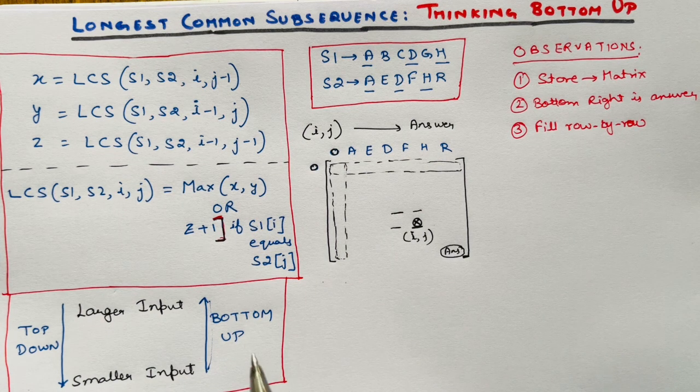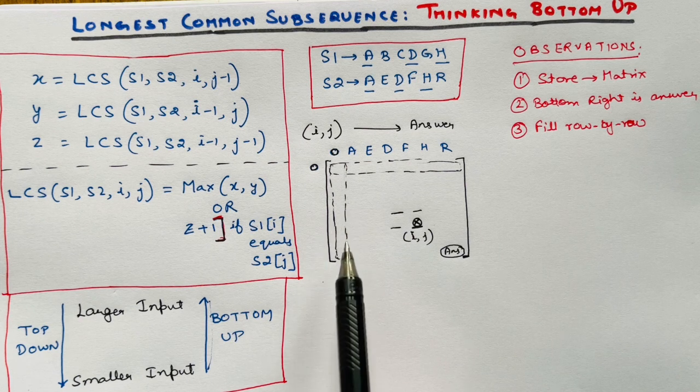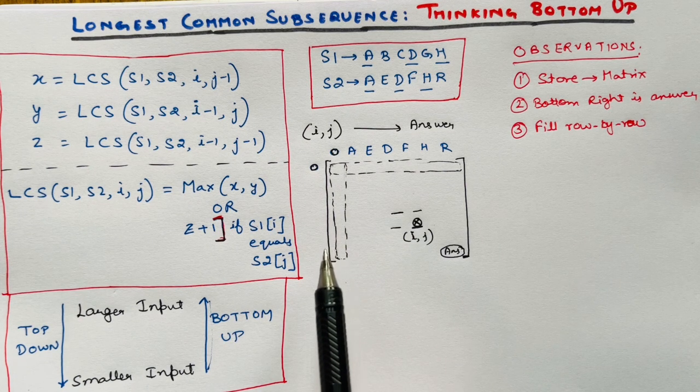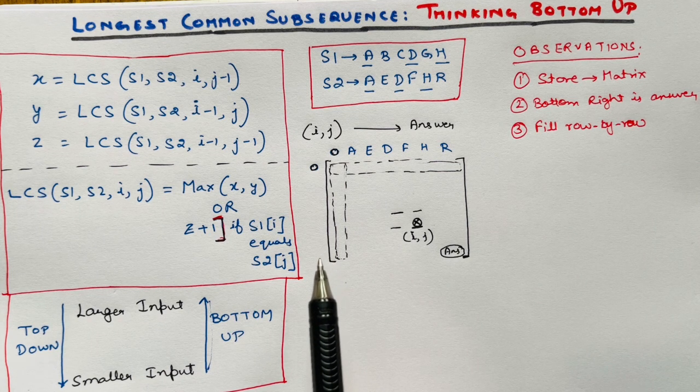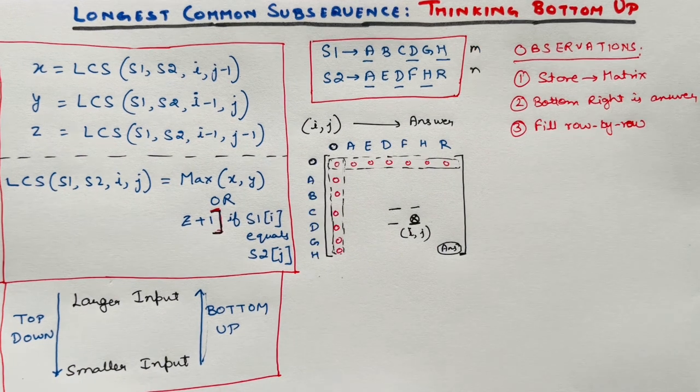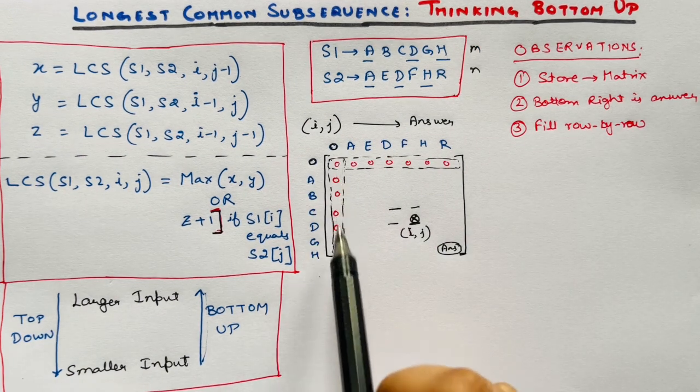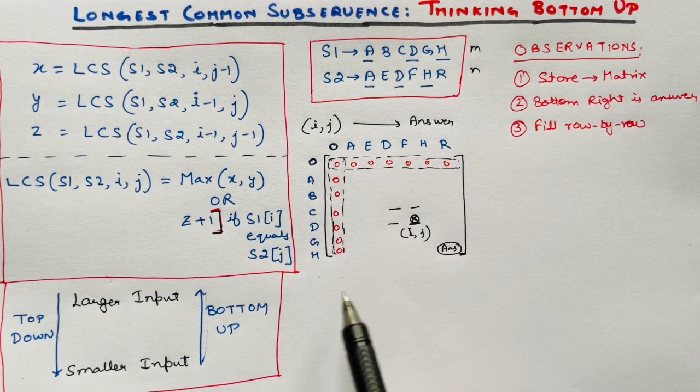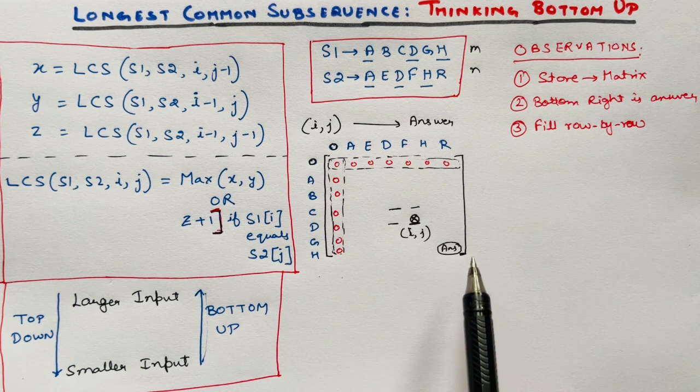So what will be the values in our first row and first column? It will be 0, because at least one of the two strings is empty, so there is no point of length of longest common subsequence. So we can fill all of these values with 0. And what will be the dimension of this matrix?